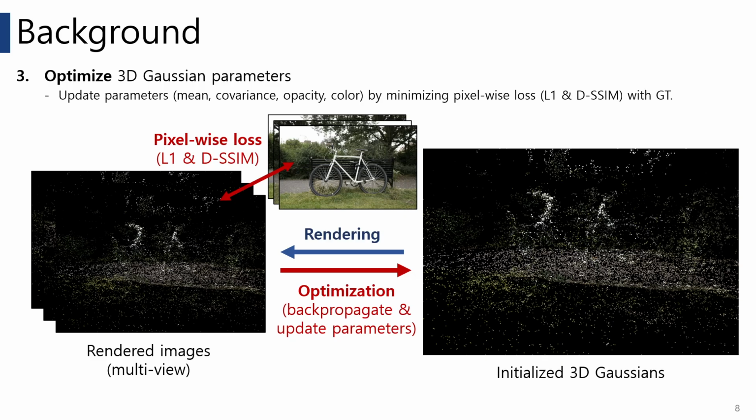The third stage is optimization of the 3D Gaussians. In this step, the rendered images are compared with the ground truth images. A pixel-wise loss, typically a combination of L1 and DSSIM, is calculated. This loss is then backpropagated to update the parameters of the 3D Gaussians.